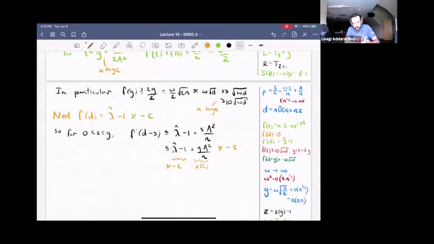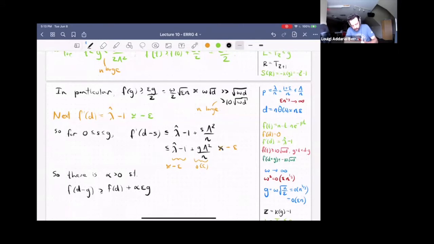And so that tells me, making this quantitative, and I'm using this asymptotic notation meaning up to constants, that there's some positive alpha such that f of d minus g is at least f of d plus alpha epsilon g.